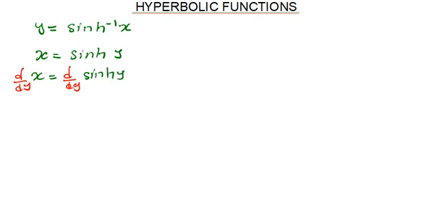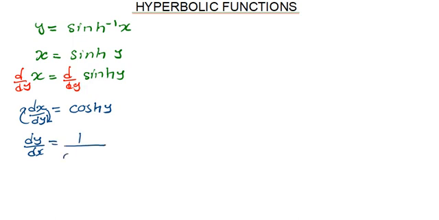And d dy of x is just going to give us dx dy or x prime, which is going to give us the derivative of hyperbolic sine of y, simply hyperbolic cosine or cosh of y. So this now gives us our dy dx. Remember I've just flipped it: that one goes up, the other one goes down. So here I'm going to have 1 over hyperbolic cosine of y, or cosh y.